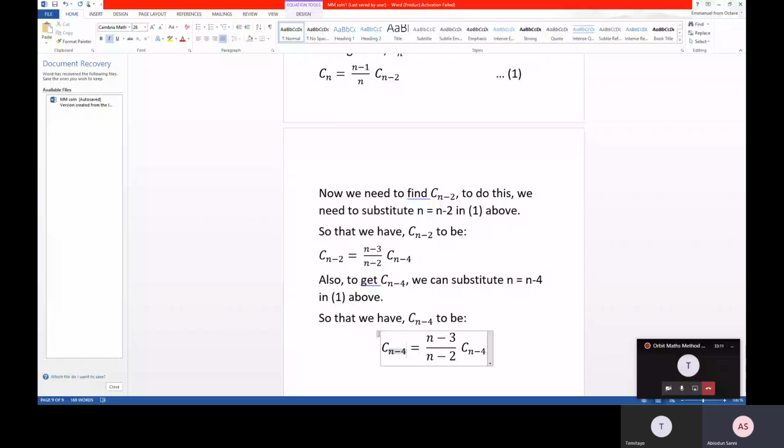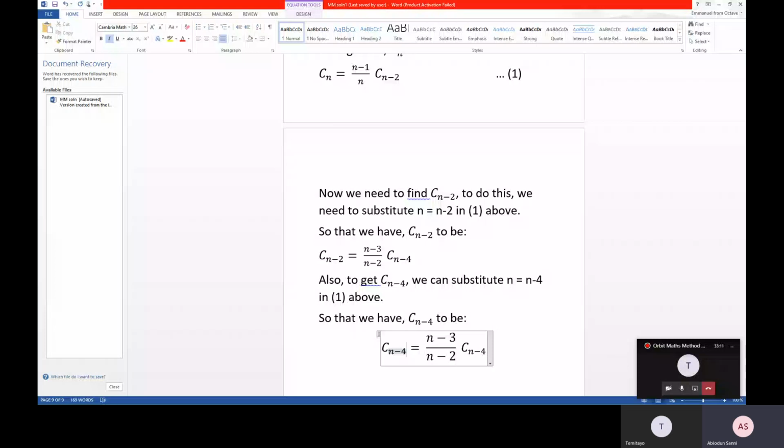Now, if I substitute equation 3 into equation 2, then C(n-2) will become what?